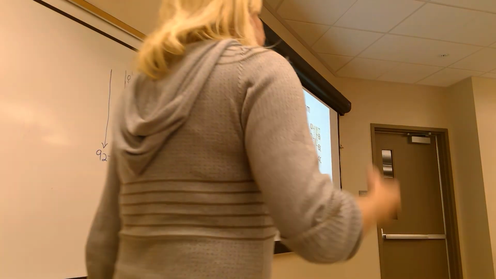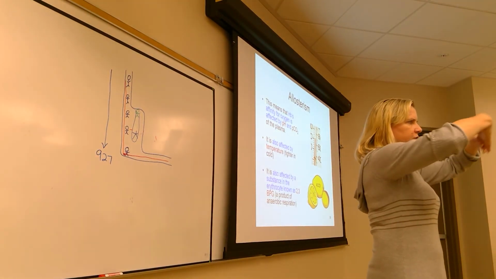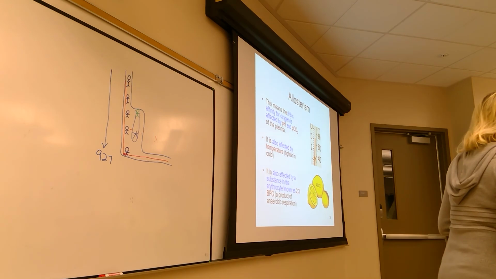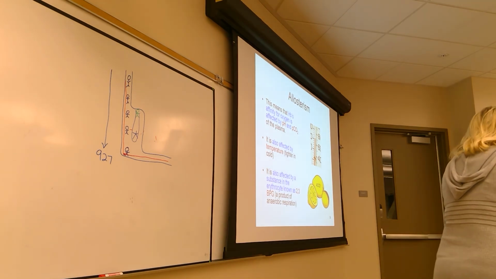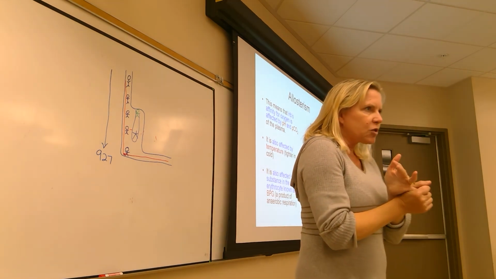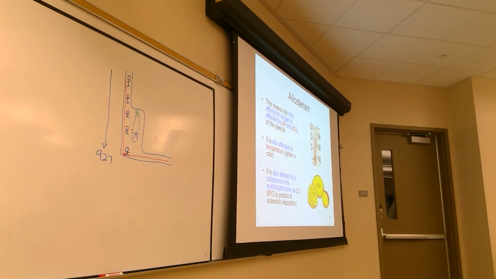Okay, so it's CO2 and hydrogen causing this conformation change, this allosteric interaction. There's more. Other things can influence this allosteric interaction as well. Temperature and a substance called 2,3-DPG.